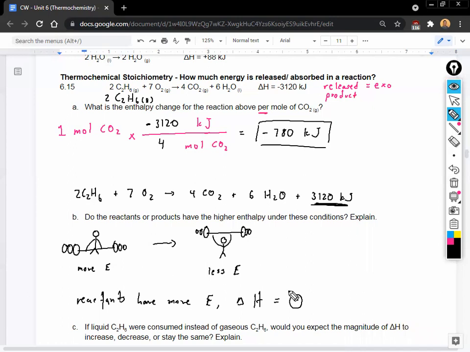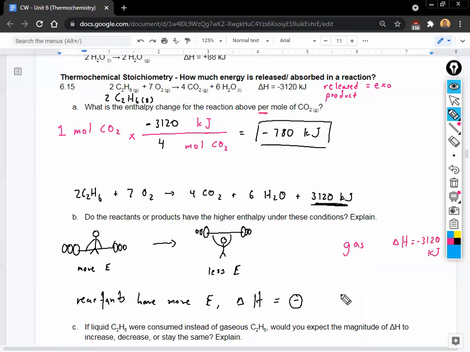But if we use liquid instead of gas, do you think the change in H will get bigger, smaller, or stay the same? Right now we used gas ethane, and we said that the delta H was negative 3120 kilojoules.